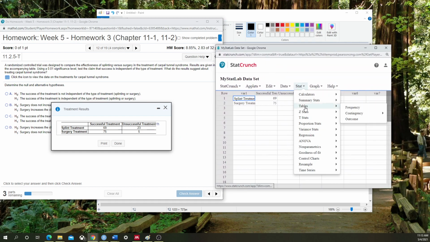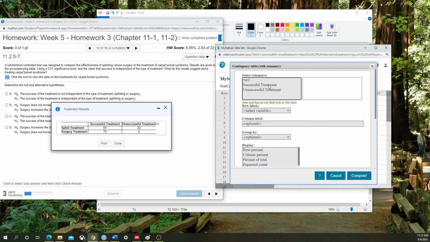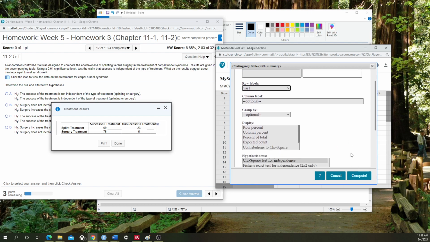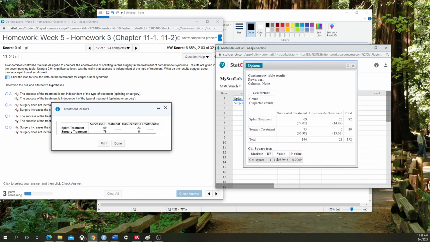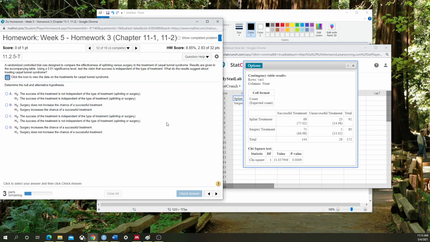To solve this problem, I go to Tables, Contingency, With Summary, put in my column variables, then list where my row labels are, in which column those are. I can click on expected if I want. I don't know if I'll need it here. Click Compute, and it will give me my chi-square statistic and my p-value, and that's pretty much all you'll need for this homework. So go ahead and give it a shot.